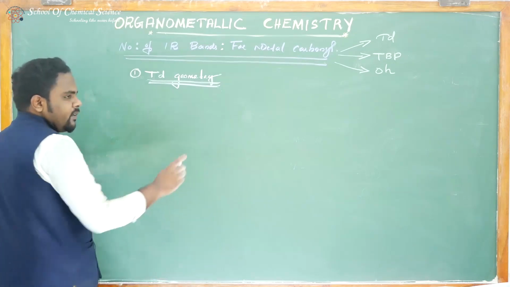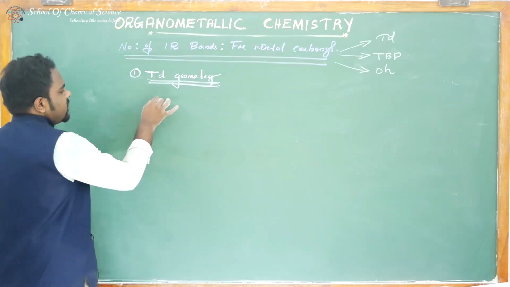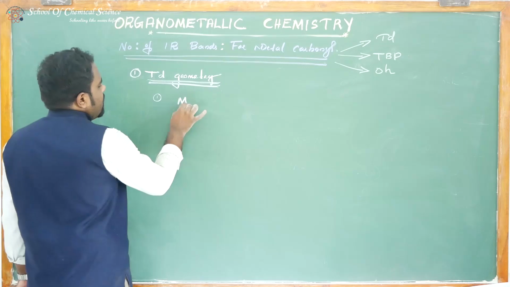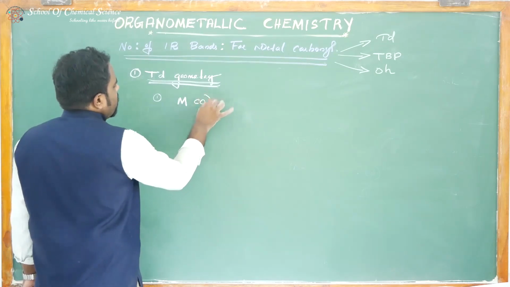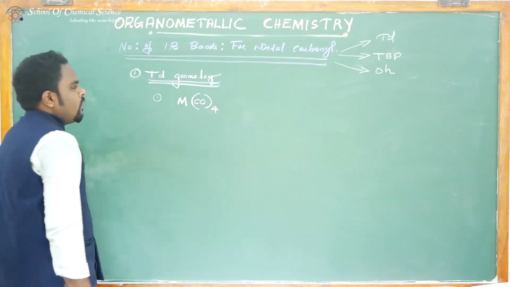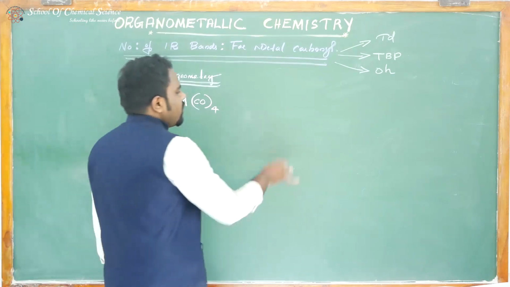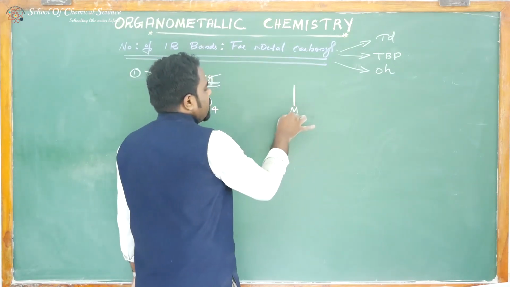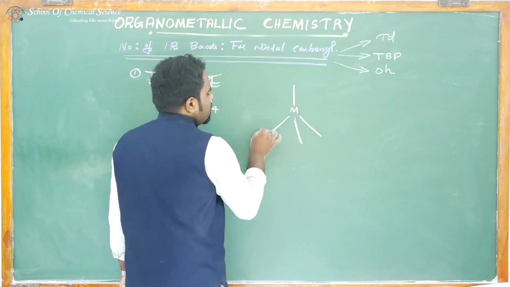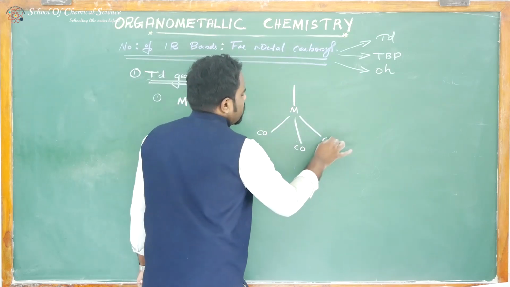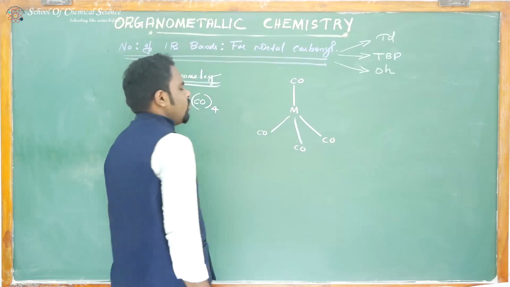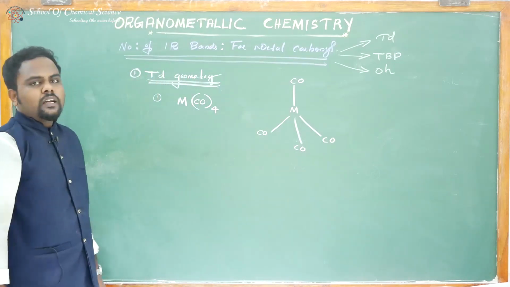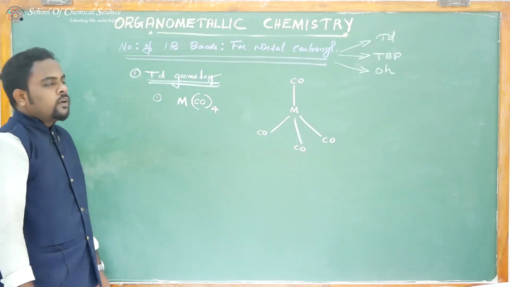In Td geometry, 4 cases are there. First one, MCO 4 times, 1 metal and 4 carbon monoxide in a tetrahedral arrangement.